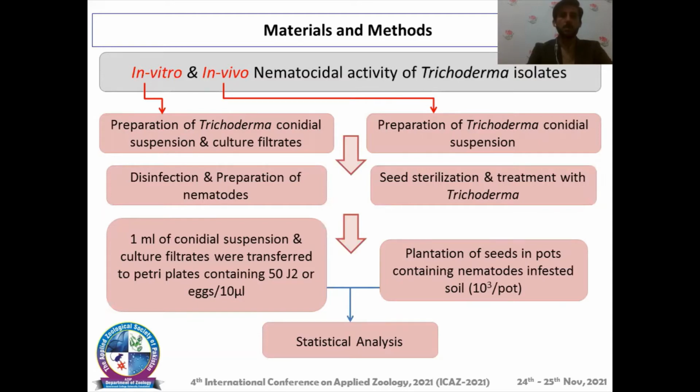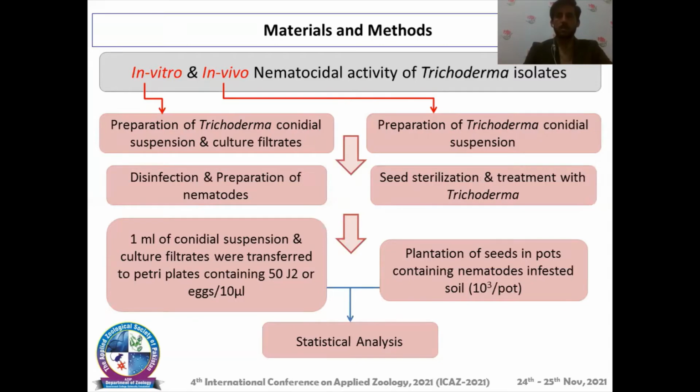During in vivo nematocidal activity of Trichoderma against root knot nematode Meloidogyne incognita, Trichoderma conidia suspension was prepared. Then the seeds of common bean plant were sterilized and treated with Trichoderma conidia suspension.